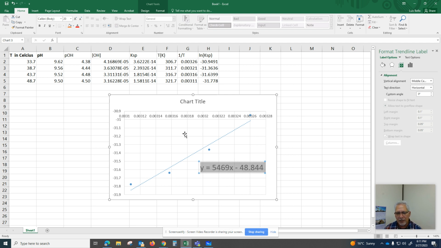I'm going to copy that. Let's see how I can copy or select, maybe if I select all of that, and take it to my whiteboard. So this is all for the calculation with Excel.